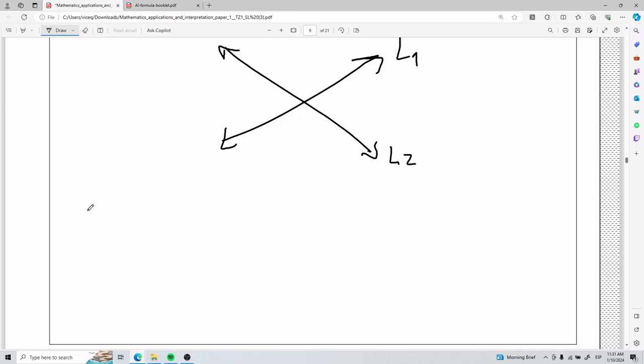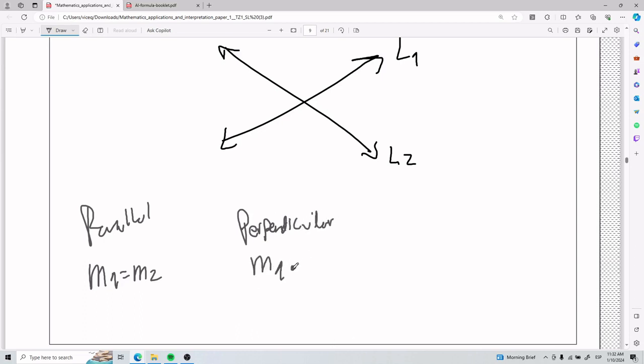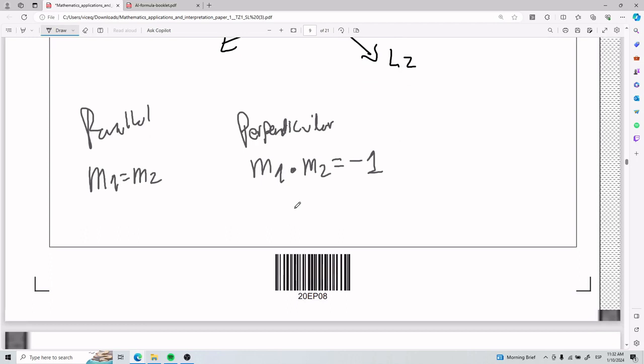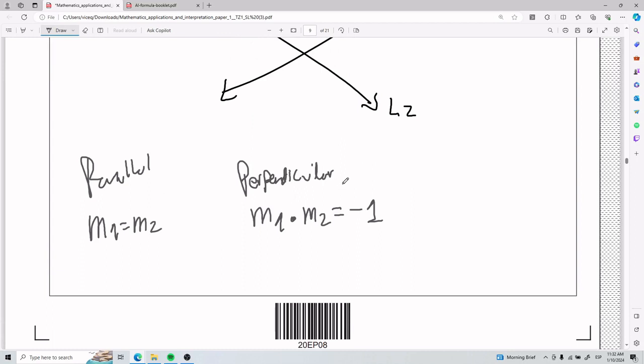So if for parallel the first slope is equal to the second slope, for perpendicular, you're going to have that the first slope times the second slope equals -1. For some people this is good enough, and for others it's confusing. A better way to understand it, in my opinion, is that for perpendicular slopes you first flip it, and then you multiply by -1.